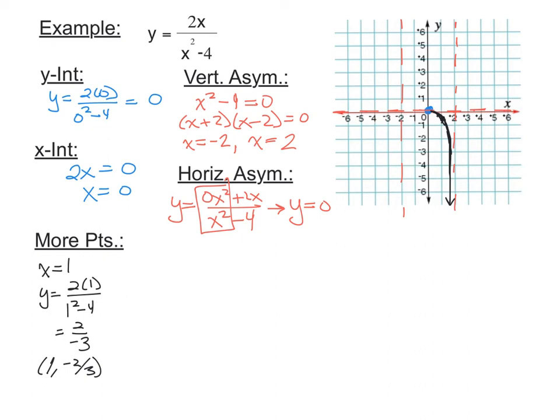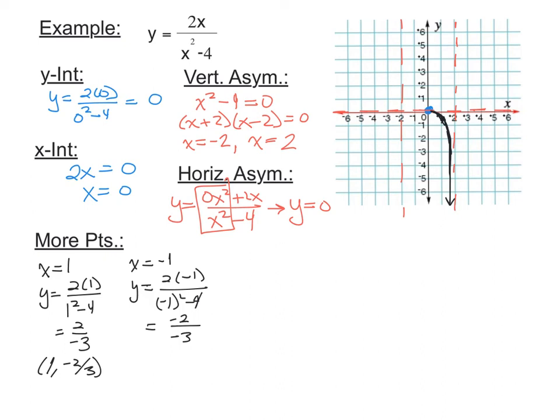That means I got to pick another x that's on the other side of that 0. So I'm going to pick x equals negative 1 and see what happens. When we plug that one in, it'll be 2 times negative 1 over negative 1 squared minus 4, meaning that our numerator is going to be negative 2, and our denominator, since negative 1 squared becomes positive 1, minus 4, that's still going to stay as a negative 3.